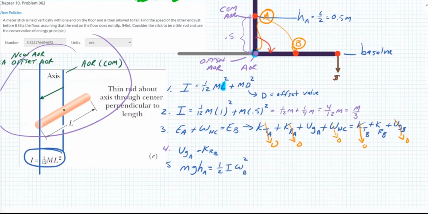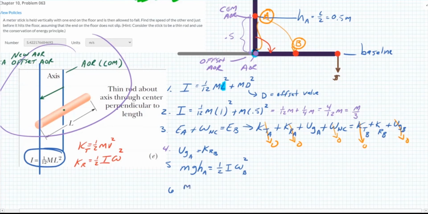You might remember kinetic energy equals 1/2 mv squared. That's still true, but that's translational kinetic energy. Here's the analog on the rotational side. It's still 1/2. But here's the rotational version of mass. It's called rotational inertia. And here's the rotational version of velocity. It's called angular velocity. Okay, let's keep going, because I think this is pretty close to the end.